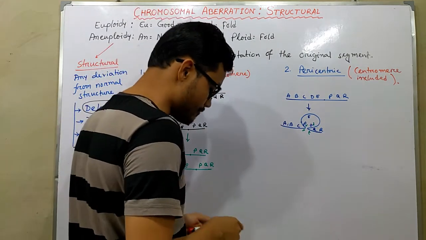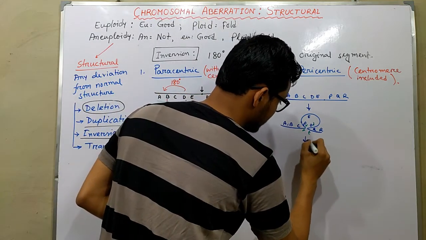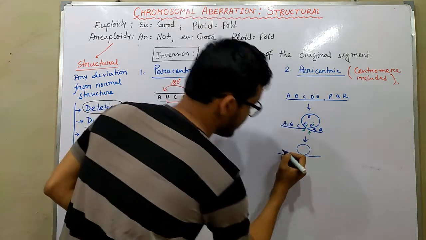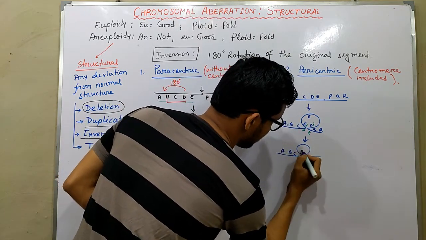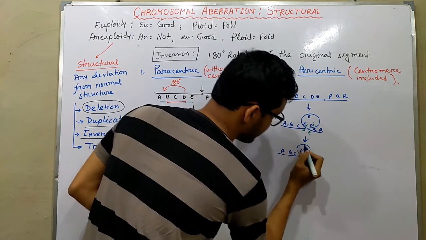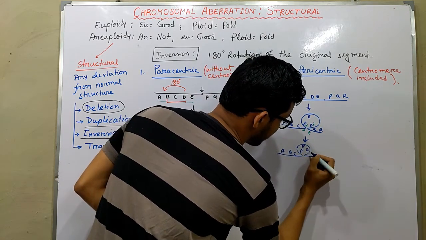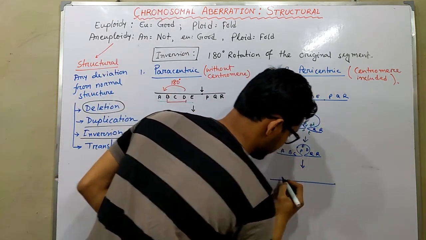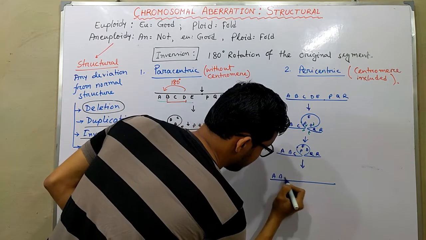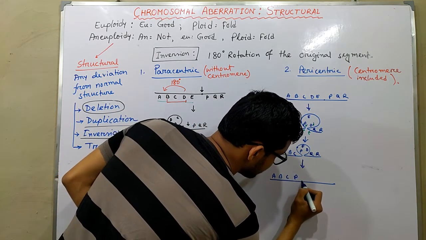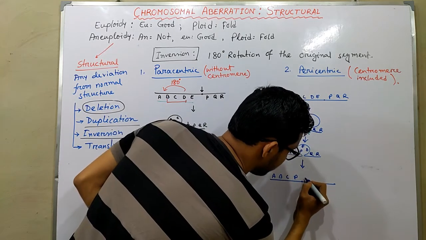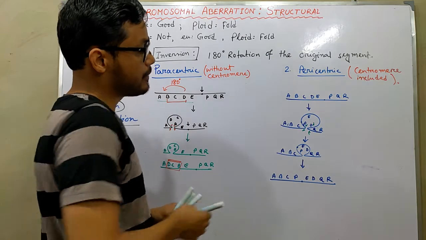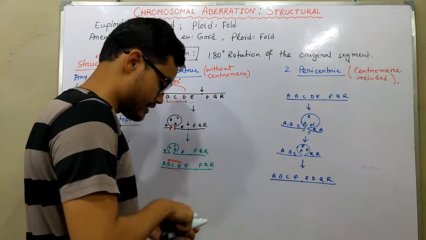After that, we have the sequence A, B, C, P, centromere here, E, D, Q, R. If we stretch out that portion, we have A, B, C, P, centromere, E, D, Q, R. So in pericentric inversion the centromere is involved.